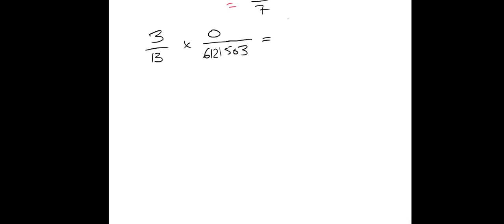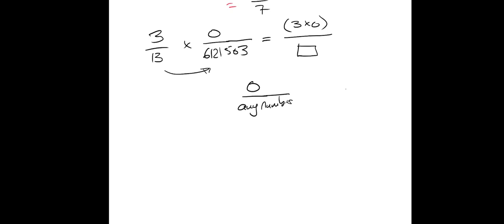And you could be thinking, oh no, what do I do here? 3 times 1. Really? Do we really want to do that? No, because we know that 0 divided by any number, as long as it's not 0, equals 0.